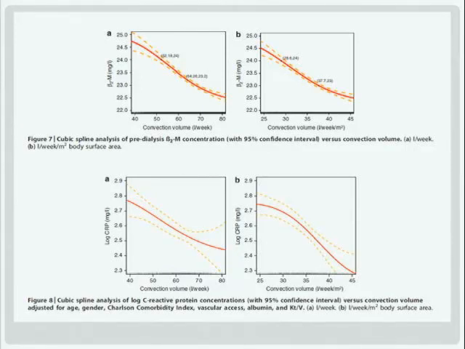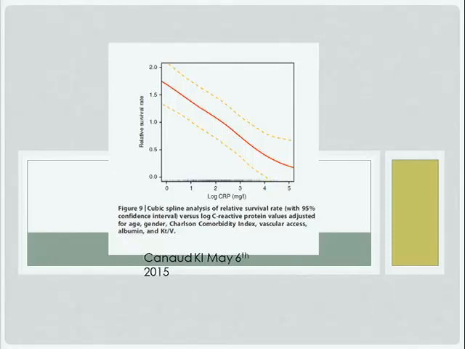that with higher convection, the amount of beta-2 microglobulin removed is markedly increased with increased volume. So beta-2 microglobulin being a large molecular weight compound.